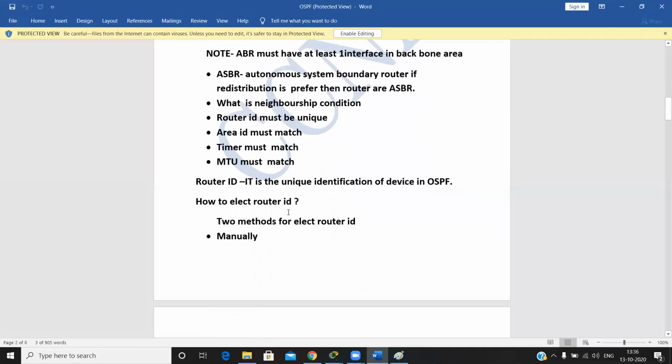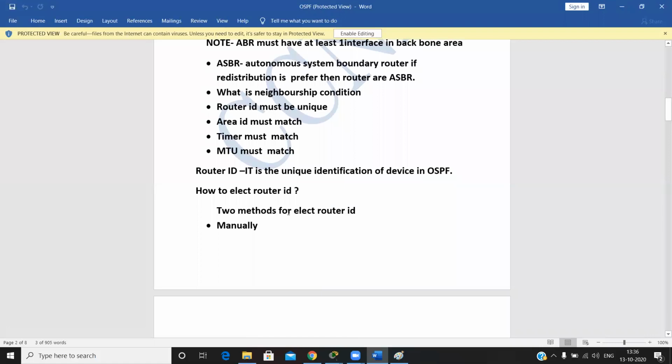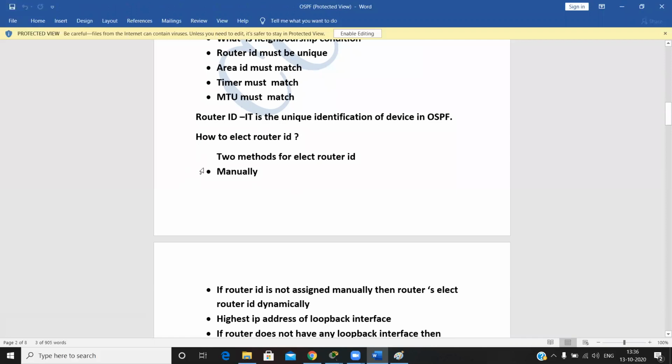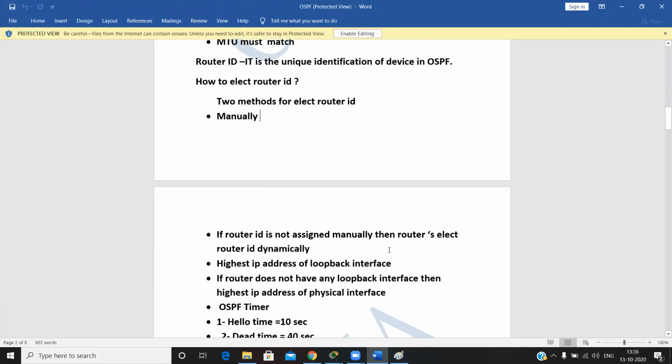Now, router ID. It is the unique identification of devices in OSPF. So how do we elect the router ID? Here we have two criteria. First one is manually, if I want to configure it manually. If the router ID is not assigned manually, then the router elects the router ID dynamically.